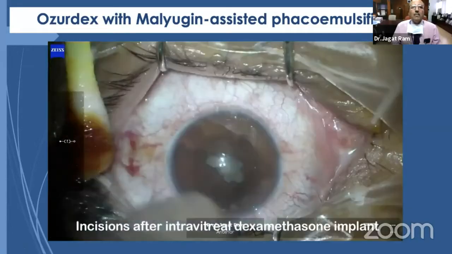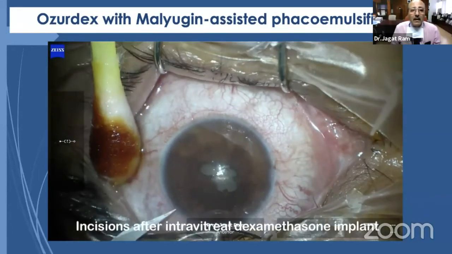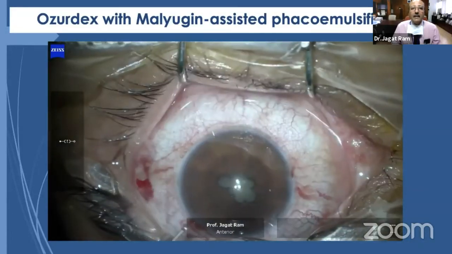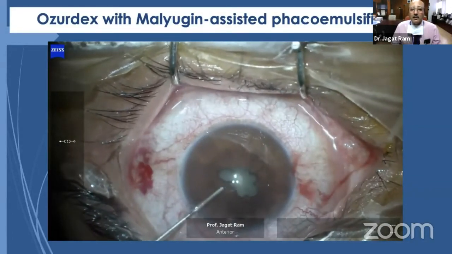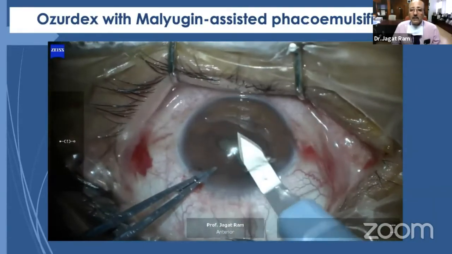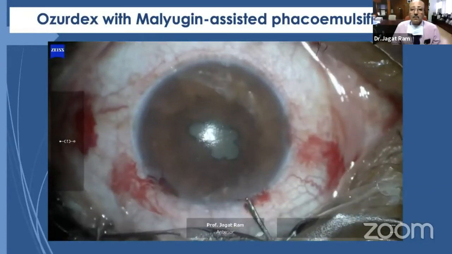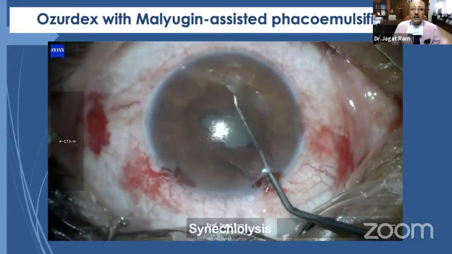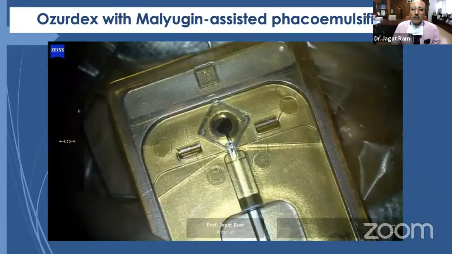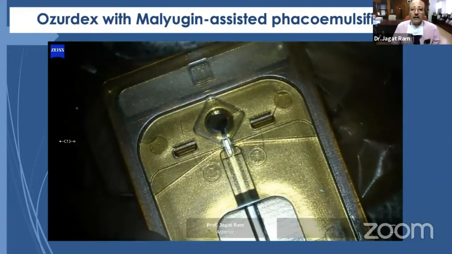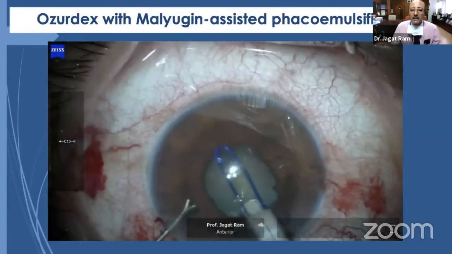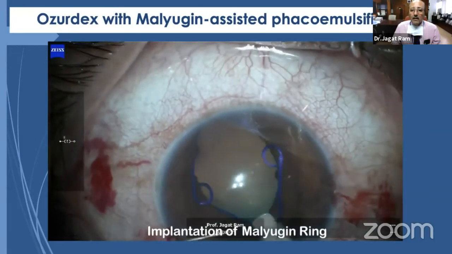Here we have done injection of Dex implant into the vitreous cavity, and this is how we do synechiolysis. This pupil is too small. We first attempted synechiolysis, and then this is the implantation of the Malyugin ring, so that we can achieve adequate dilatation of the pupil.